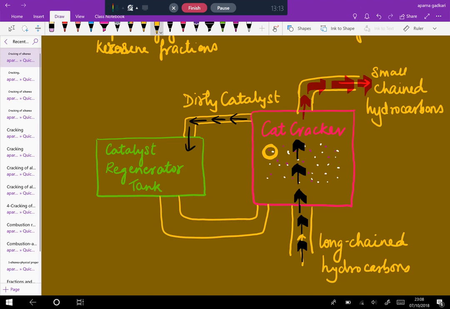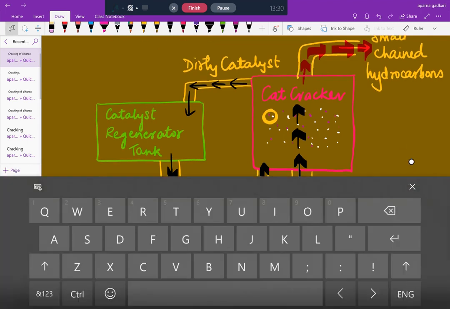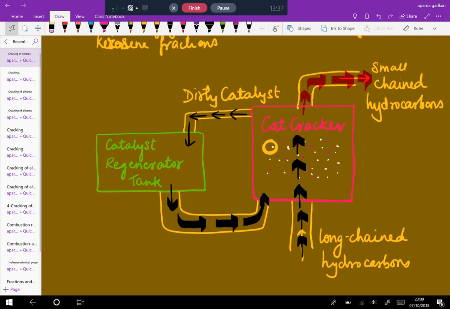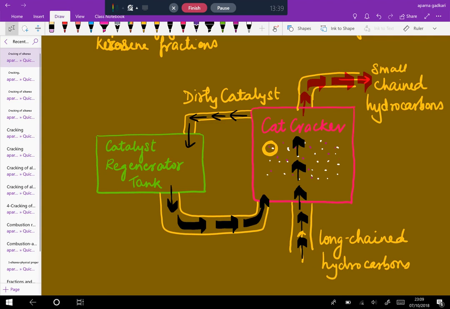So from here again it goes into the cat cracker. This is how the catalyst is also recycled, nothing is wasted. So this is the way in which catalytic cracking is done for the long chain hydrocarbons to be broken down into small chain, more useful hydrocarbons.